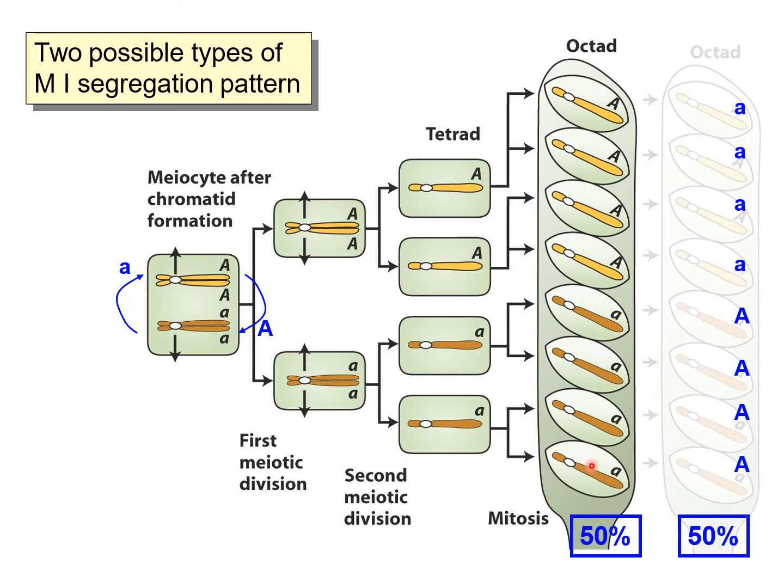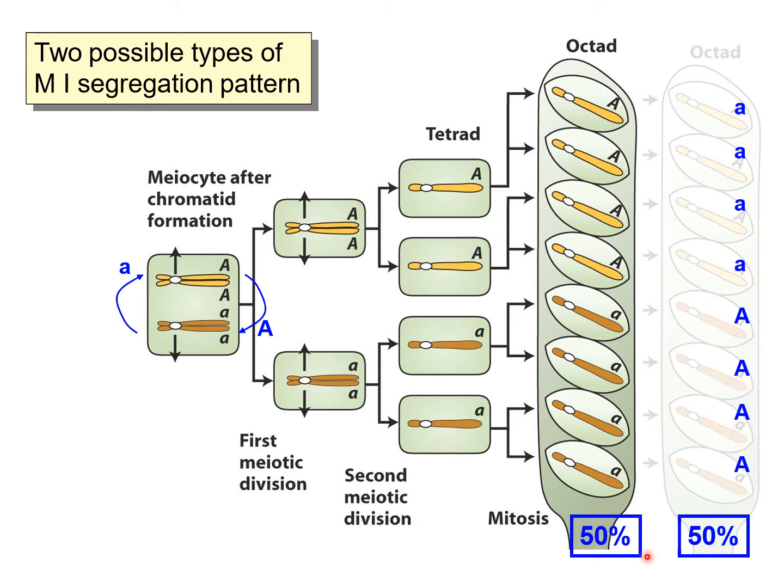If it were the other way, where the small a is at the top and the capital A is at the bottom, then we will get this kind of ascospore arrangement, with small a at the top and capital A at the bottom.